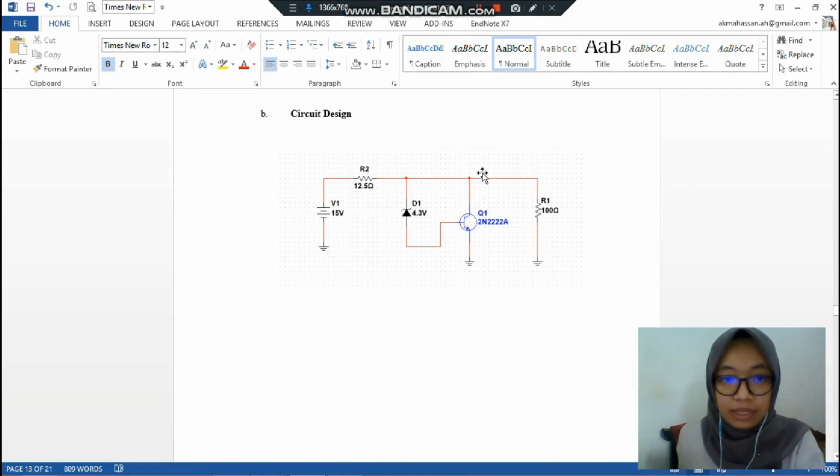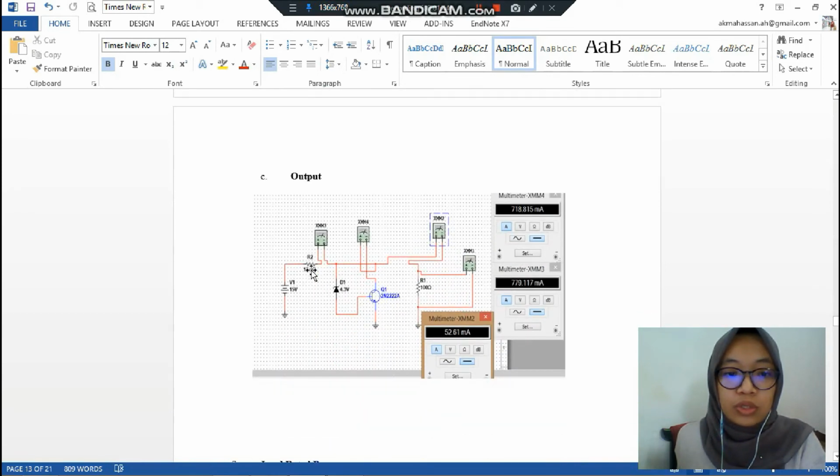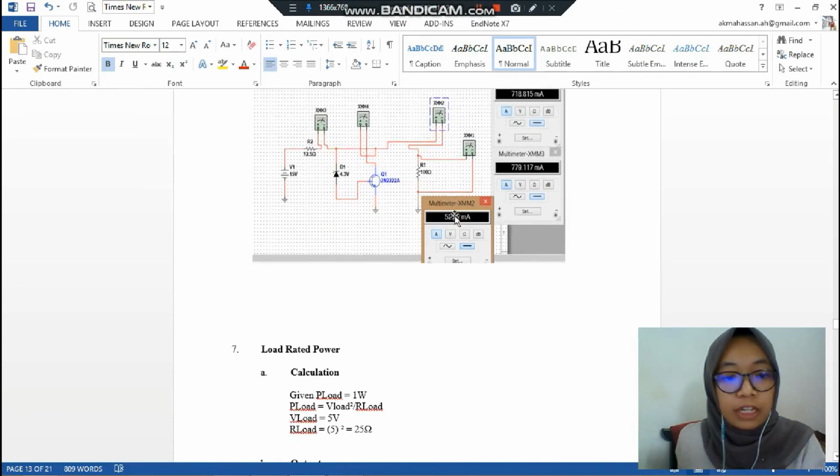This is the circuit design for the voltage regulator. This is the value that we assumed just now, 100 ohm. This is the value that we got from the calculation, and this is the value that we assumed, 15 volt. We ran it using Multisim, and these are all the values that we got from the circuit.